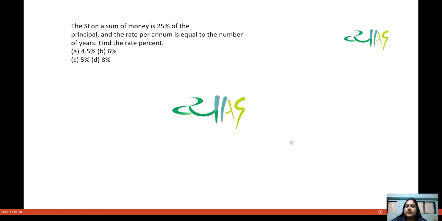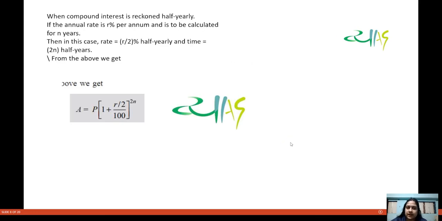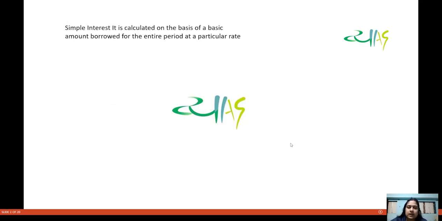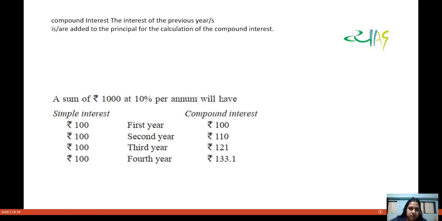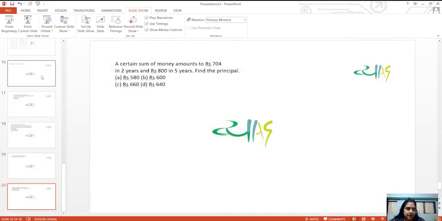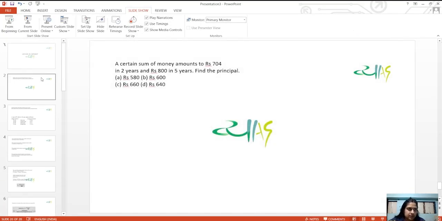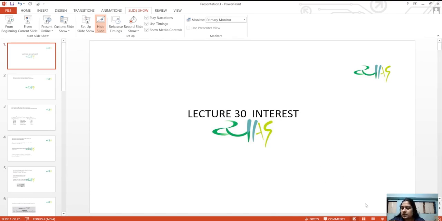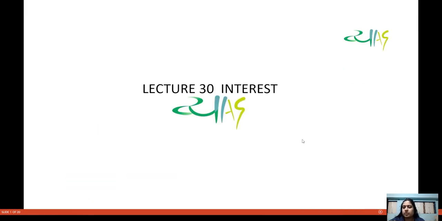Now that we have done the topic of profit and loss, we are moving to the chapter of interest. Let's see what this chapter basically holds for us. This chapter is very important from the perspective of data interpretation as well. Data interpretation is definitely asked in UPSC.